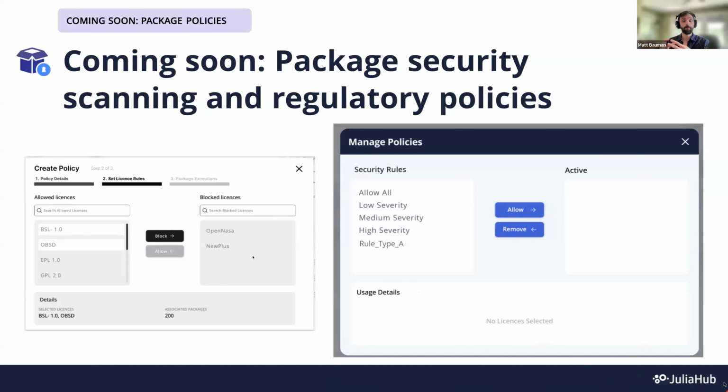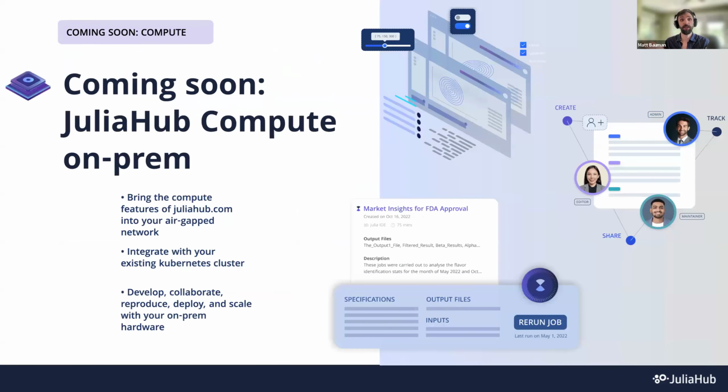Some institutions may not be okay with certain open source licenses. The vast majority of Julia packages are themselves licensed with the very permissive MIT license, but some aren't. And so for compliance with your regulatory policies, it can be important to make sure that those are enforced at the package manager level.